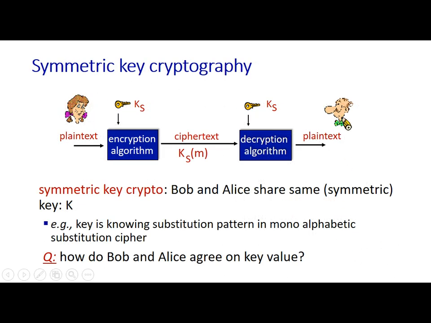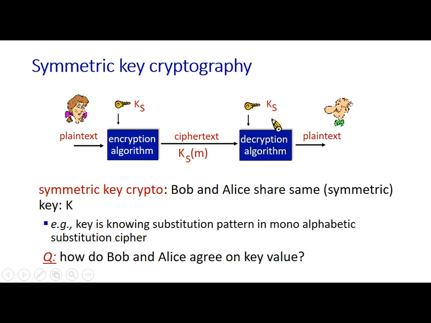For example, you can see symmetric-key cryptography. Here is the plaintext. The encryption algorithm uses the key K, and the ciphertext is K of M, where M is the plaintext message. After encryption, we have the ciphertext K of M, then the decryption algorithm uses the same key.